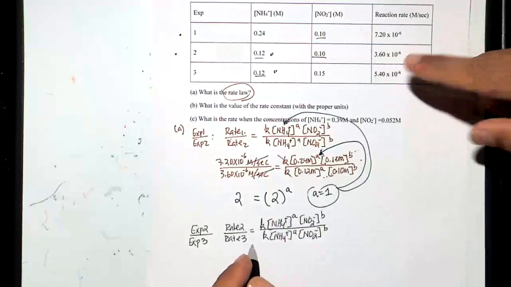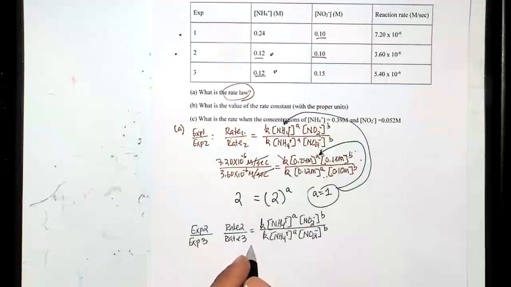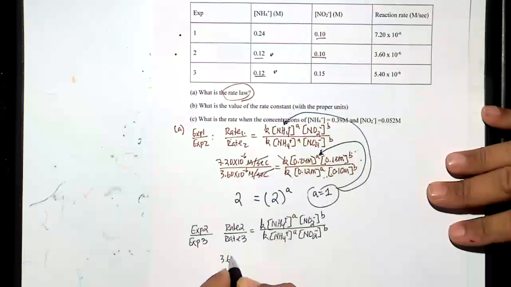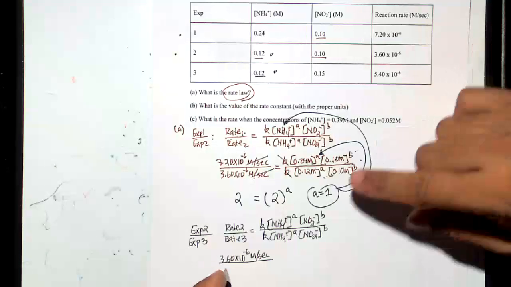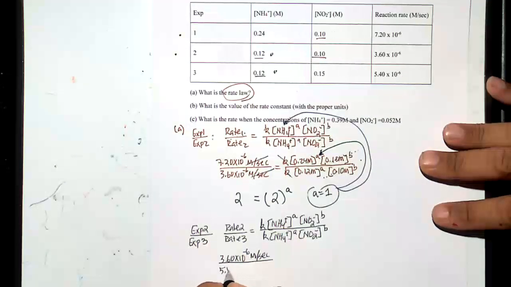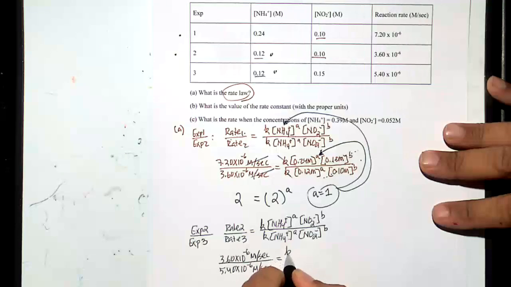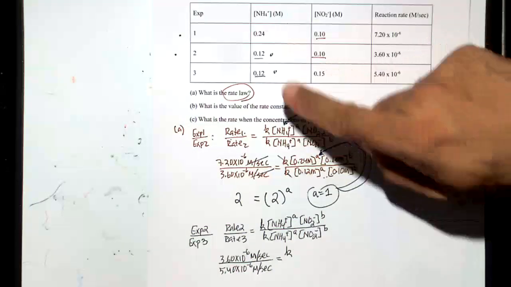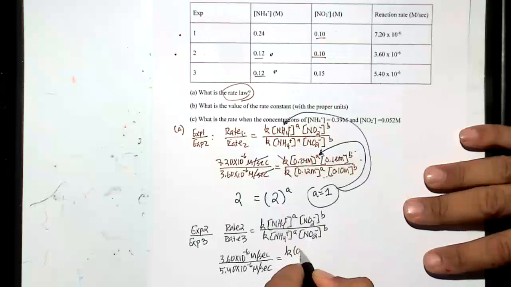So what do you guys get for rate 2? 3.60 times 10 to the minus 6 molarity per second, divided by rate 3, 5.40 times 10 to the minus 6 molarity per second. I'm just plugging numbers in here. So NH4 plus is 0.12 and 0.12.